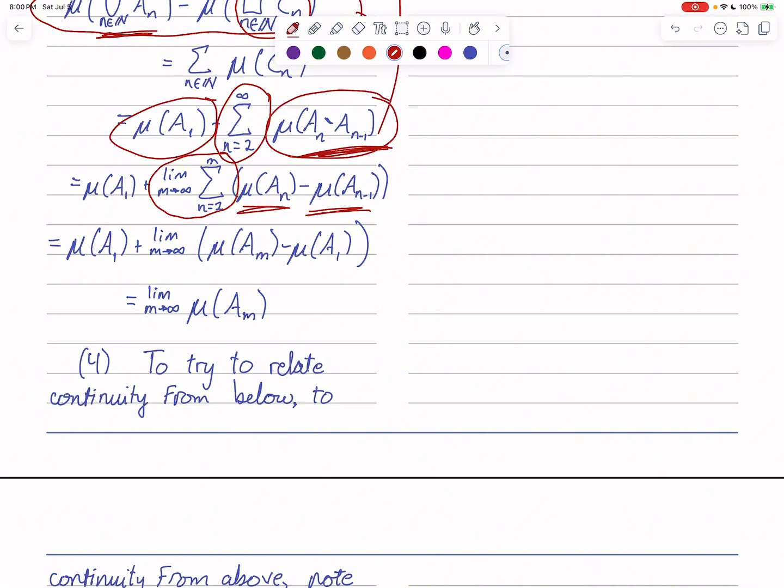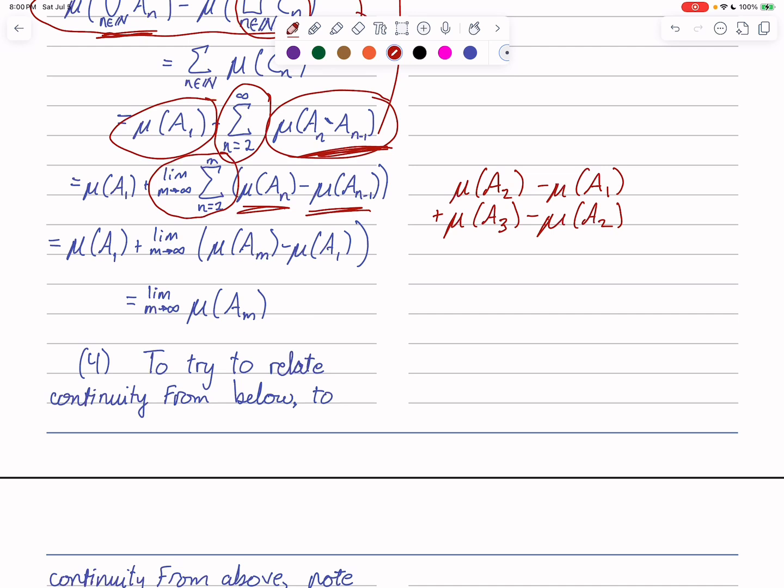But, just to talk out how that goes, let's turn this into the limit of partial sums because, of course, that is what an infinite series is. And let's think about evaluating some mth partial sum. If you evaluate this with n equal to 2, you get mu A2 minus mu A1. But then when you evaluate it with n equal to 3, you get mu A3 minus mu A2.